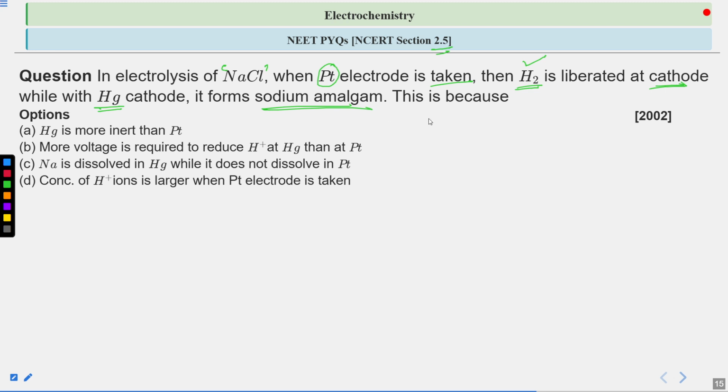Why does this happen? This question was in the 2002 NEET examination.